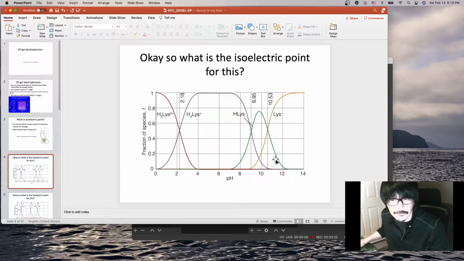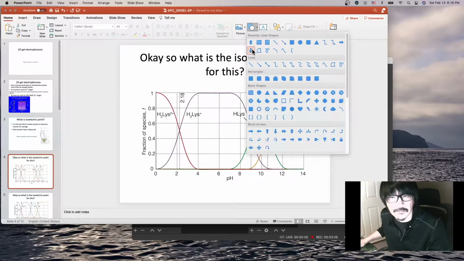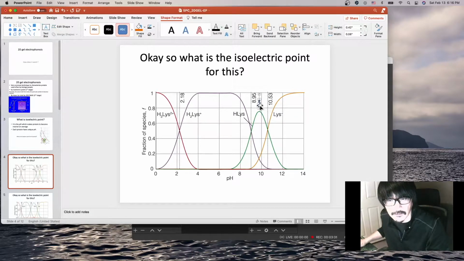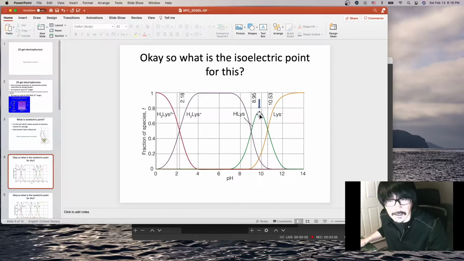So for this particular case, the isoelectric point is probably somewhere around here. You see that it's mostly neutral, and you have probably an equal amount of positive and negative charge here. So that's where the isoelectric point is.